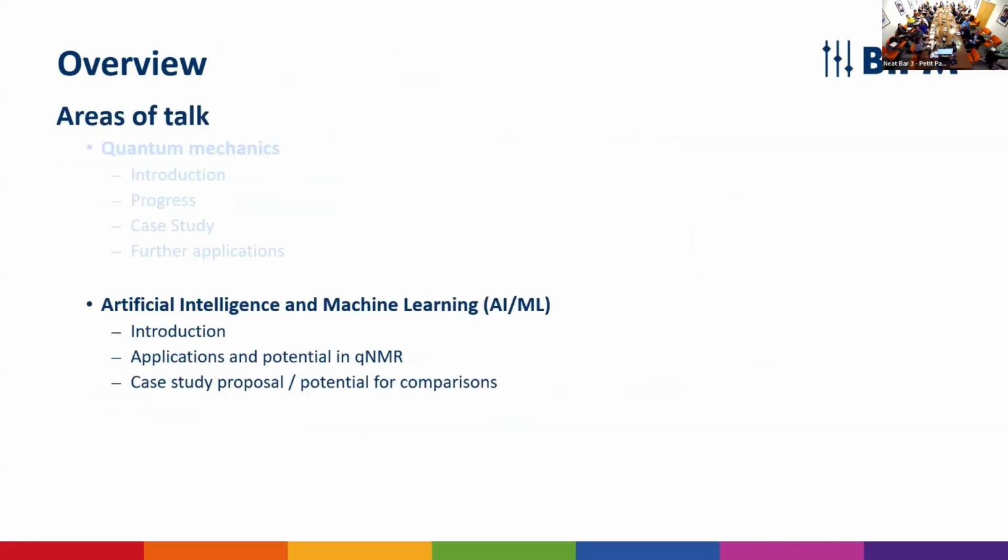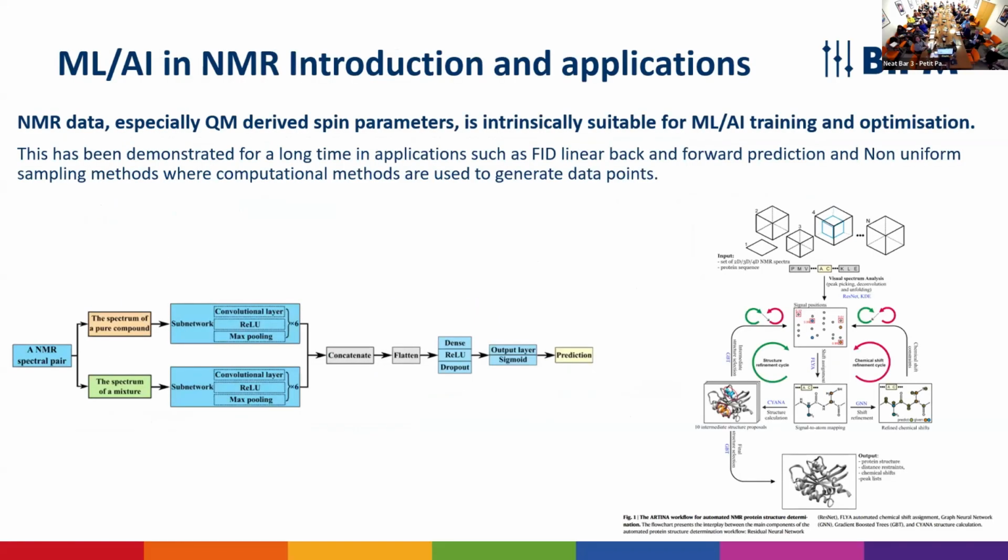So now moving on to artificial intelligence and machine learning. It's a bit shorter, but a bit more snappy, because it's mainly looking at the applications and what we could propose to do, and potentially have discussion after, but there was a bit of discussion previously. So it takes different flavors of artificial intelligence, machine learning, deep learning. The one on the left is a little bit simpler. It's a spectrum of pure compound and a spectrum of mixture.